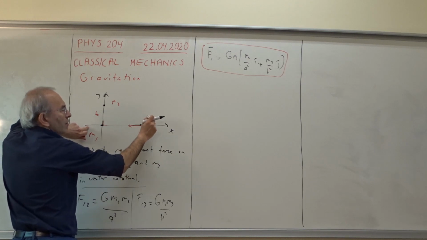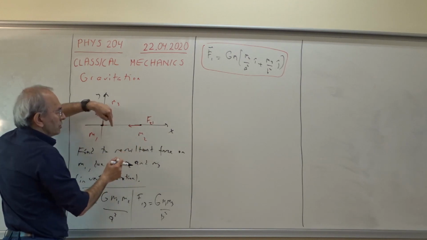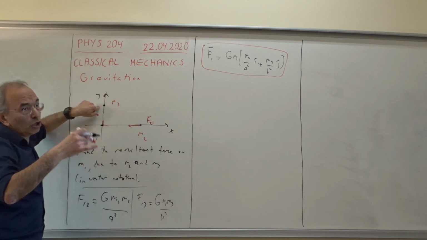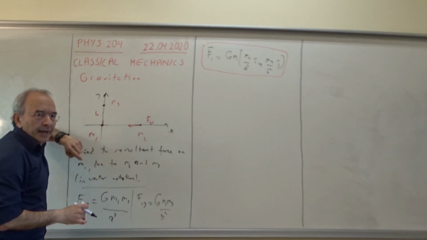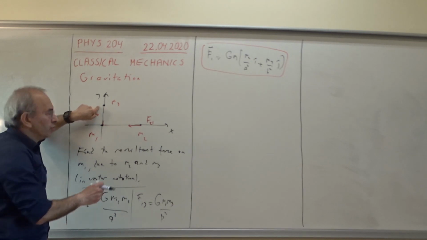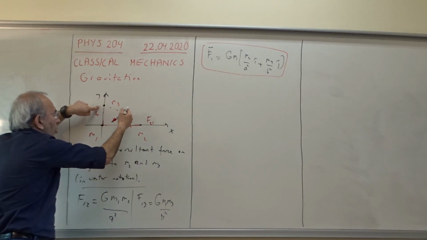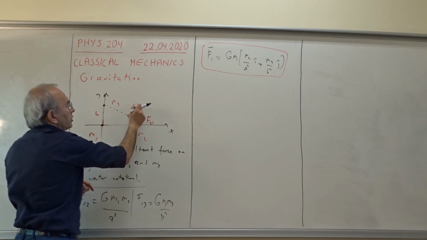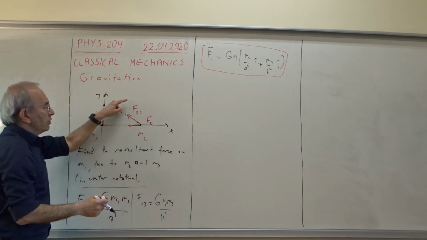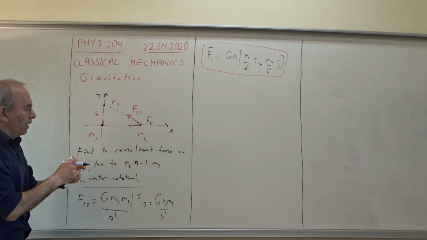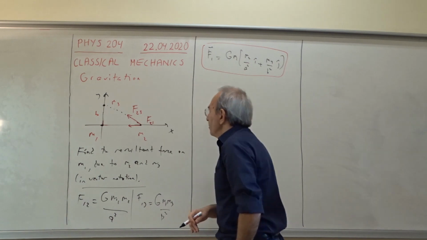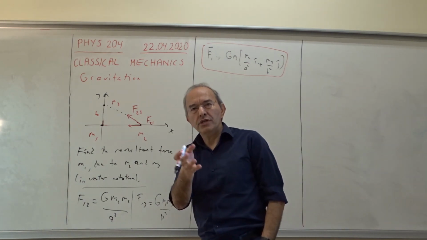Of course, its name would be F21 because this is the force on 2 due to 1. And a bit more geometrically complex is the other force, because this object would apply a force in this direction. It is called F23 because it is the force on 2 due to 3. Let me just write these in the first step and then pass to the first example.